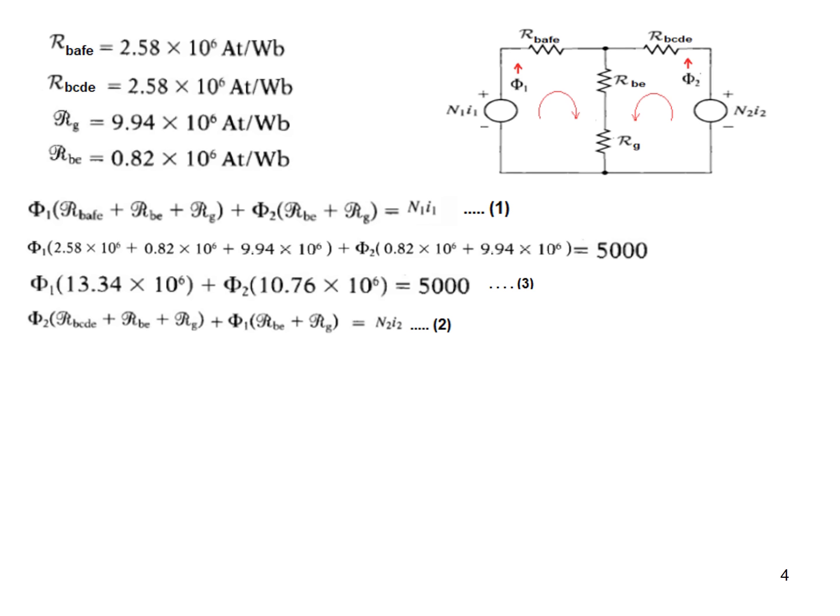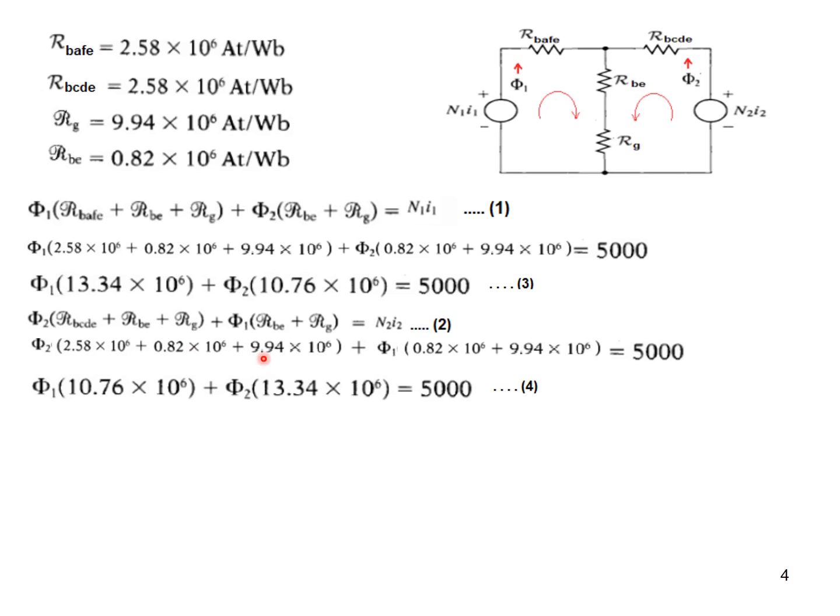Similarly, for the loop 2 equation, we plug in the values and solve. This is equation number 4. Now by solving 3 and 4, we can find the value of phi 1 to be as shown here, and phi 2 this one.